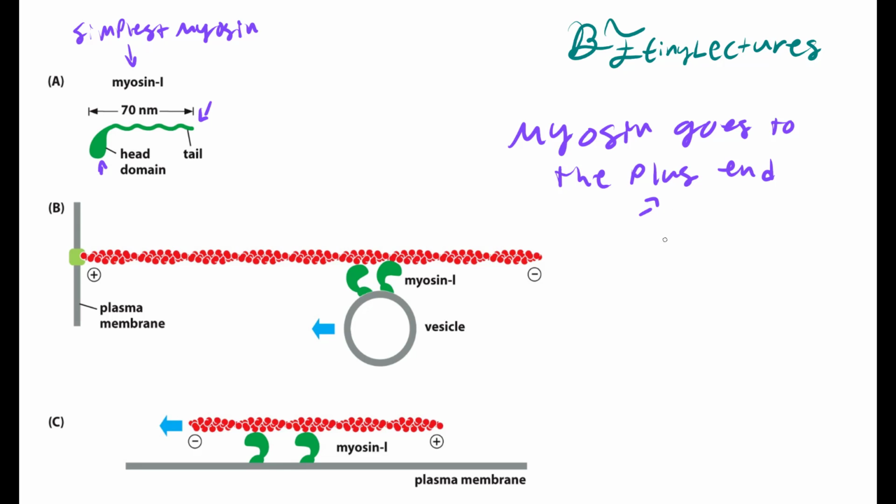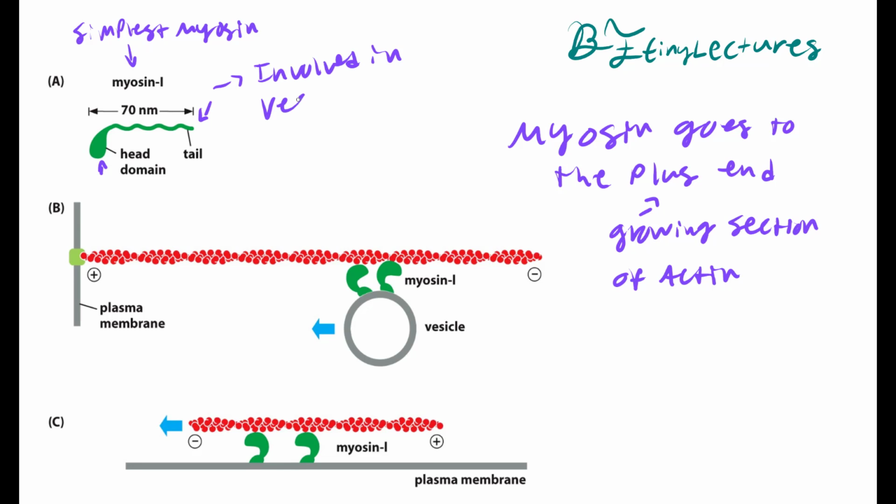That is the growing section of actin. And you have to remember that myosin 1 is involved in vesicle movement. Okay.